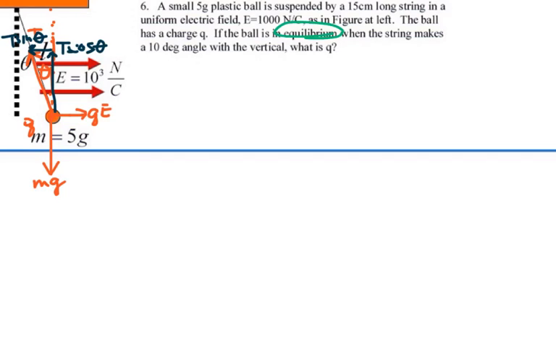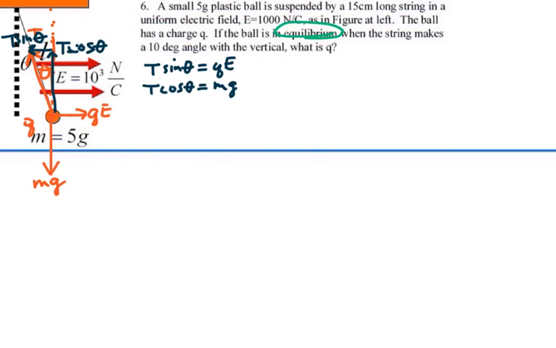So in the x direction, we could basically see that T sine theta is equal to the electric force QE. And likewise in the vertical direction, we have that T cosine theta is equal to the weight force mg, because they're all canceling out in terms of components.